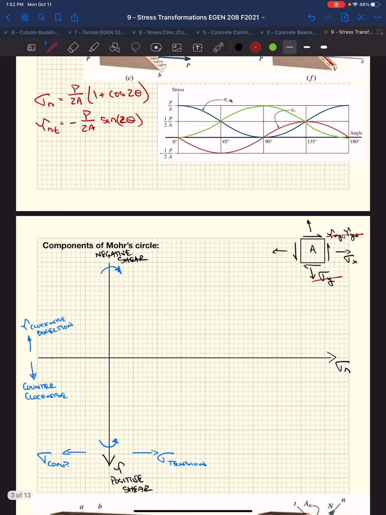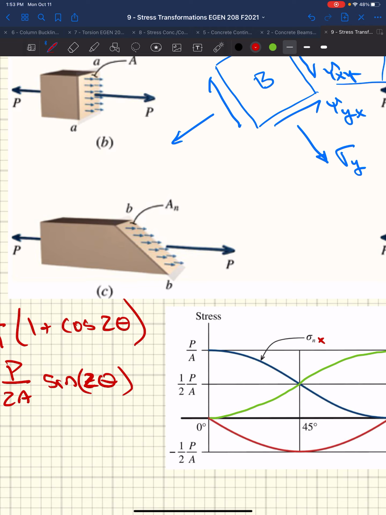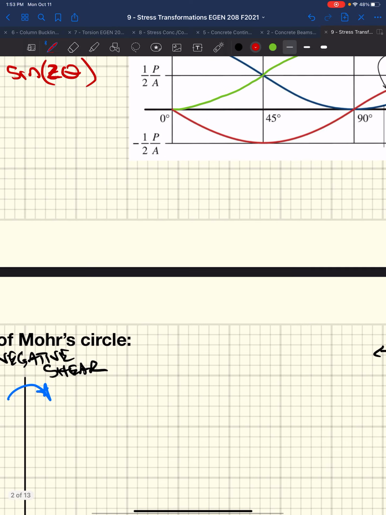So if we were to go through and try and plot this stress state on this Mohr circle, we would start on the x-axis. We have a sigma x, and we have no shear stress. Well, our sigma x is in tension, right? P is pulling outward, so we have this force that's in tension. So we're going to plot this point.